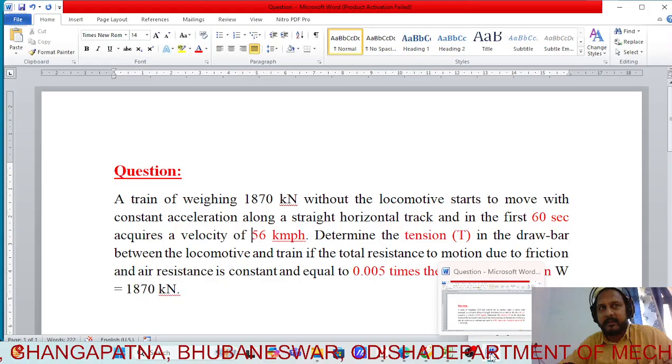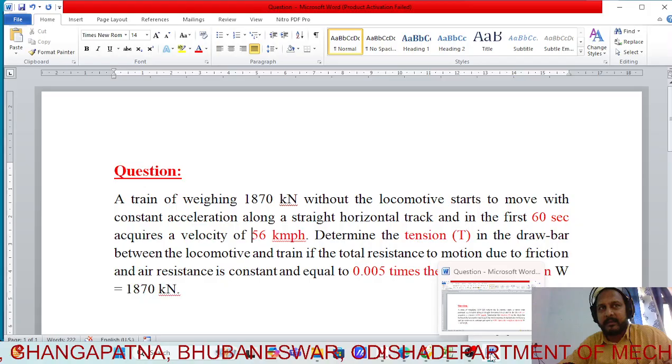Next, what is the weight of the train? Weight of the train is W, which is 1870 kilonewton. Yes, sir. Okay. Next is the final velocity of the train. The final velocity of the train is given in kilometer per hour, 56 kilometer per hour.